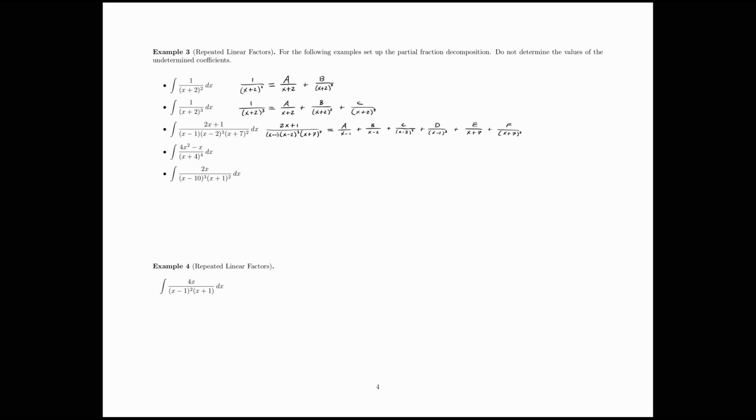Okay? So here, let's copy down the numerator and denominator, x plus 4 quantity to the fourth. Again, a little bit obnoxious, but it's to hammer home a point. So A over x plus 4, B over x plus 4 squared, plus C over x plus 4 cubed, plus D over x plus 4 to the fourth.